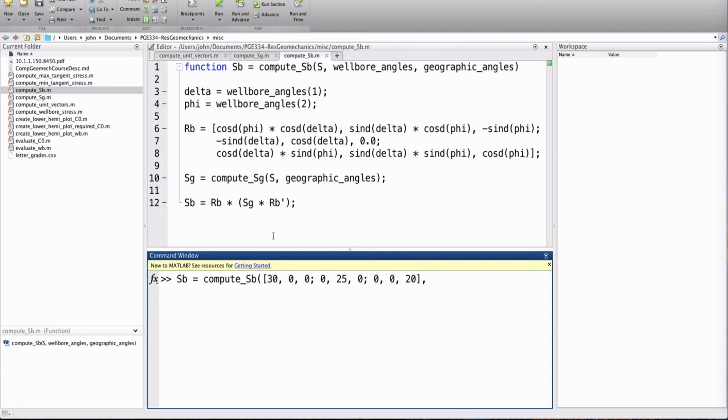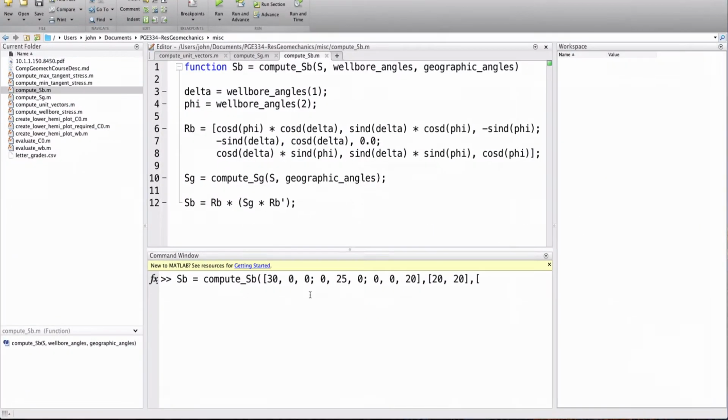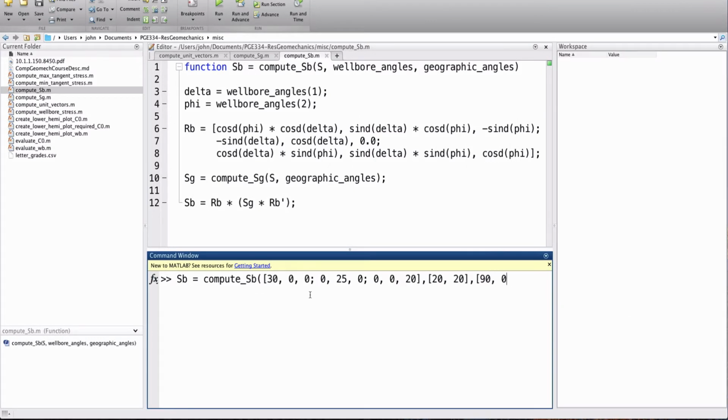Then the second argument is the wellbore angles, which in this case are 20 and 20. The geographic angles, which are 90, 0, 0. So there's my SB, right? So again, the principal stresses is a diagonal matrix, but when you resolve them in the wellbore, it's a full matrix, right? Now, these are still in Cartesian coordinates, okay?